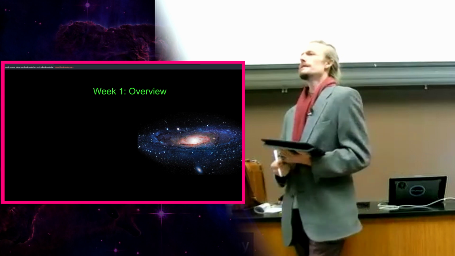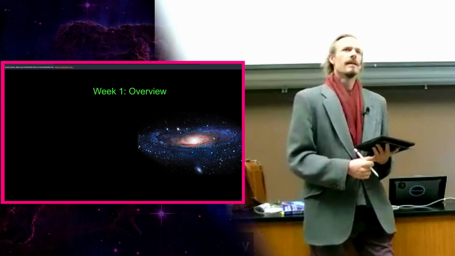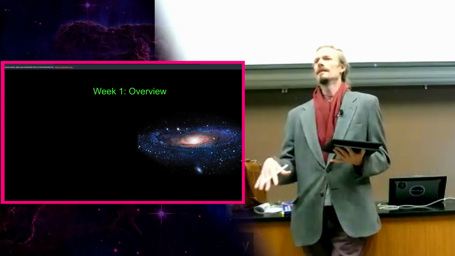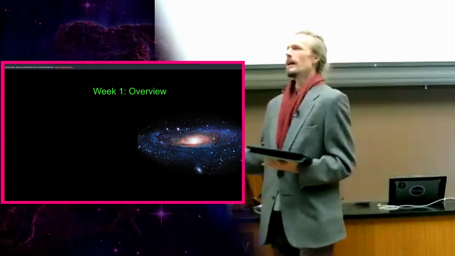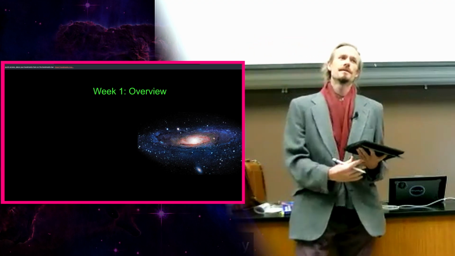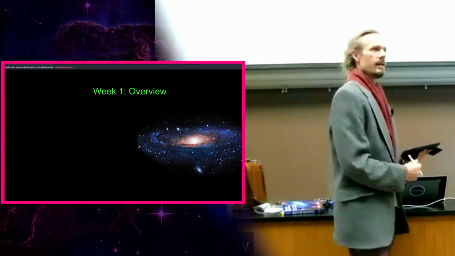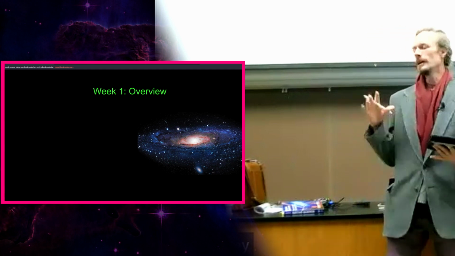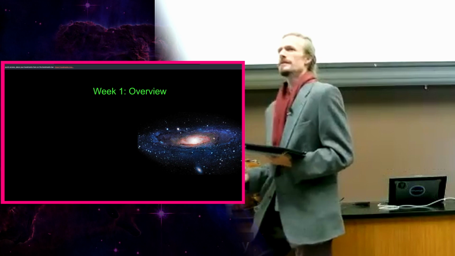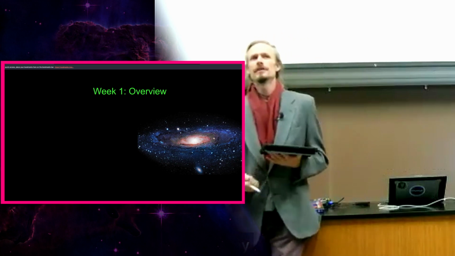Most of those solar systems have the same type of planet. That same type of planet that most of those solar systems have is not found in our solar system. So we're kind of an oddball, and a lot of our theories have been based on assuming that all solar systems would be like ours. They're not. And so this makes for a really, really dynamic knowledge sphere with regards to astronomy. Everything is changing really fast right now.